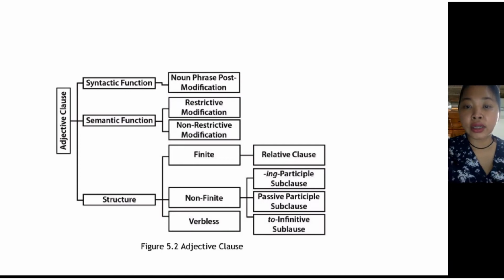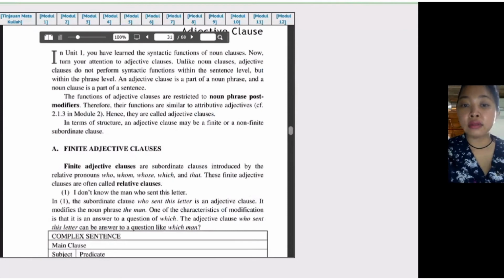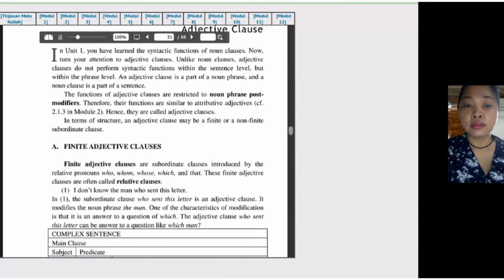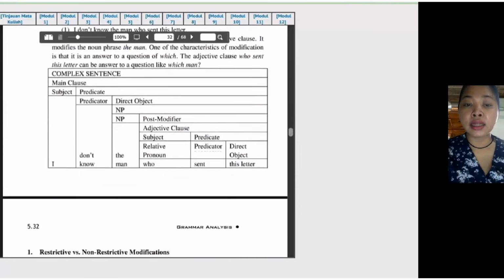I would like to share so we can talk further about adjective clauses. So, the finite adjective clause, if we see the pattern, like: I don't know the man who sent this letter.